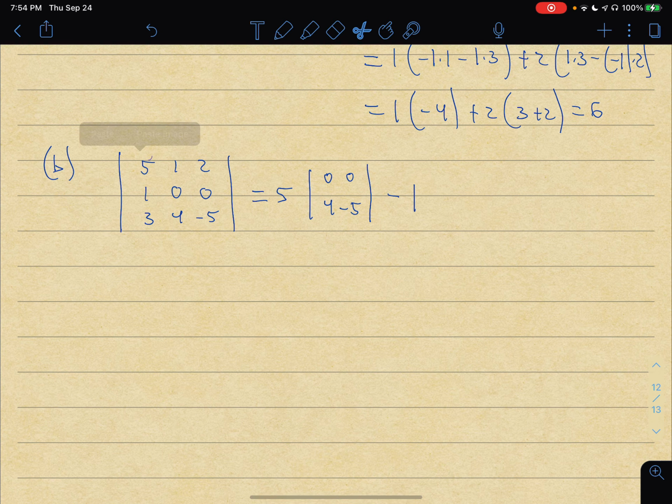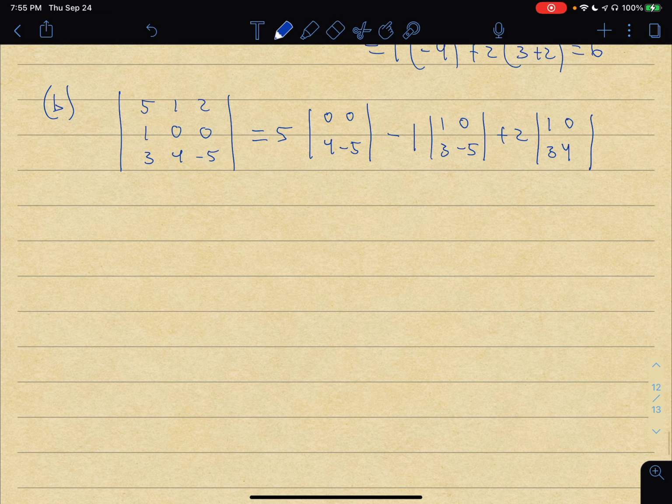Now remove the first row and the second column, and the remaining matrix is 1, 0, 3, minus 5. And then lastly, you have 2, and the 2 by 2 matrix that you get by removing the first row and the last column is going to be 1, 0, 3, 4.